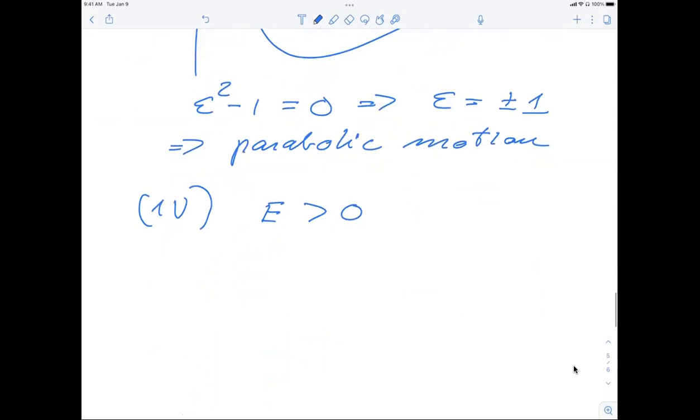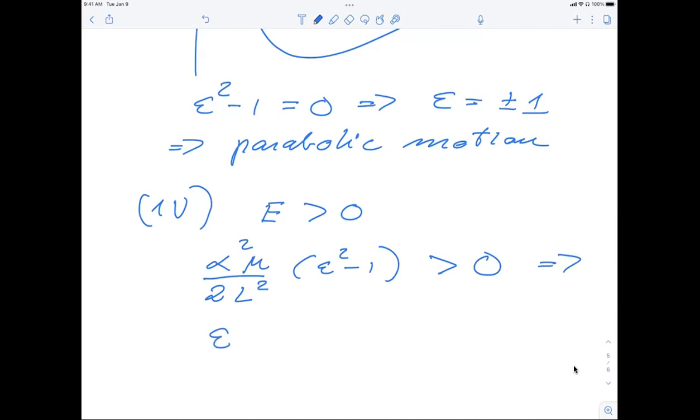what we are going to do then is simply to take the same equations which we have, and now we have an alpha squared over mu. We are still assuming that the radial velocity is equal to 0. And then we have epsilon squared minus 1. And then we simply require that this one is larger than 0. Now, if we do the algebra here, it's pretty easy to see that this simply requires that epsilon must be larger than 1.